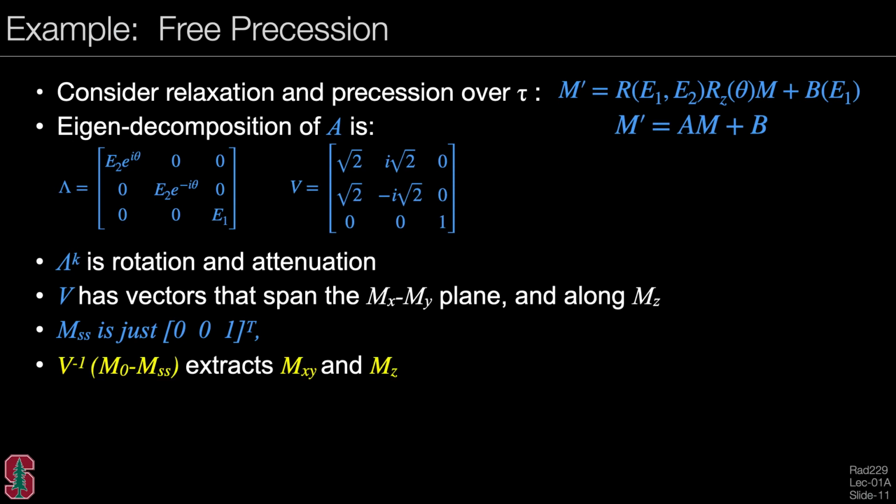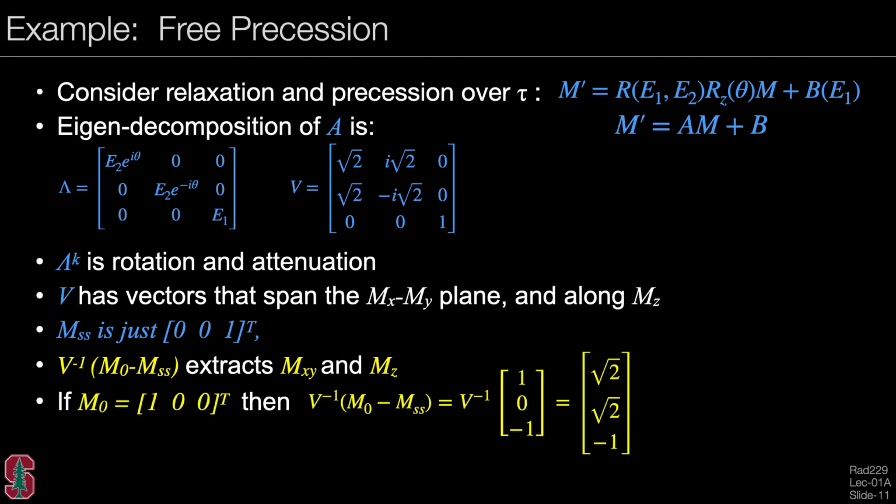Now, as I've said, if we take the inverse of the eigenvector matrix and multiply it by the initial magnetization minus the steady state, this actually extracts the transverse magnetization and the longitudinal magnetization. And this can be seen in more detail here.